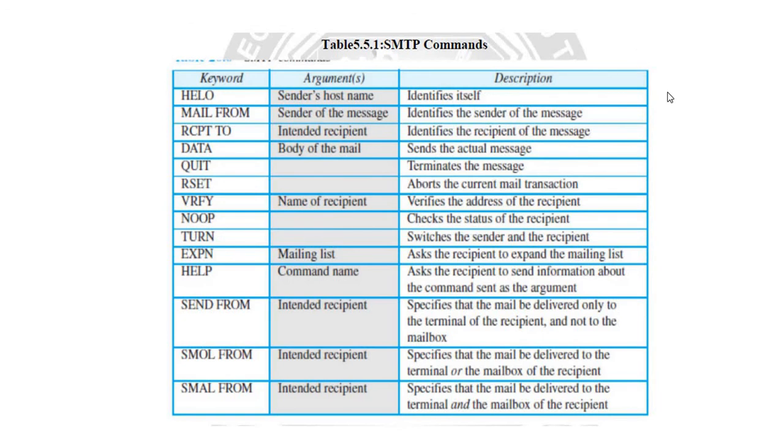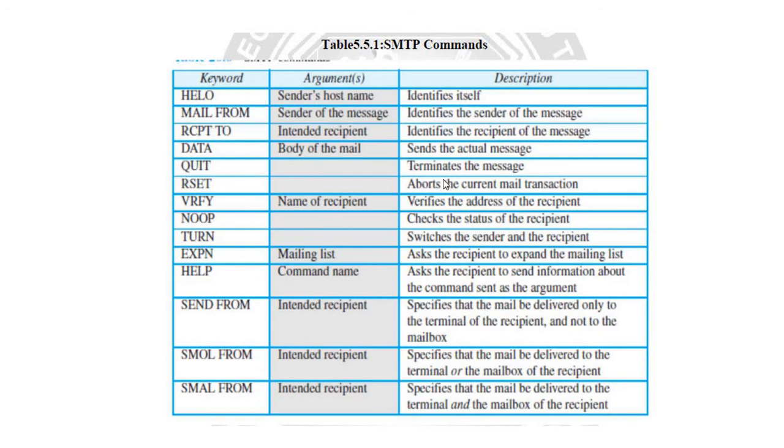Here we can look at the different SMTP commands available, like hello, mail from, recipient to, quit, reset, verify, turn, help, send from, and so on. And each of them has its own meaning.